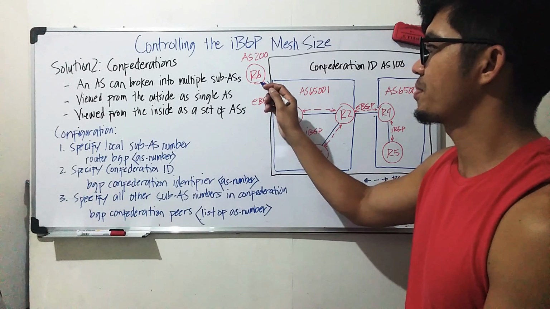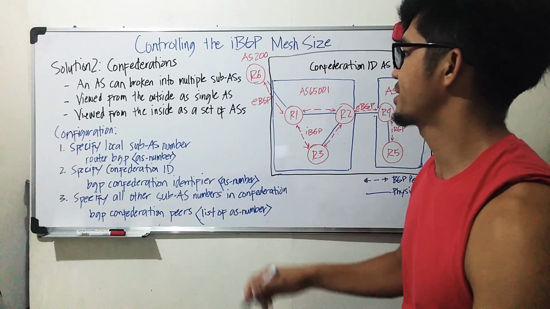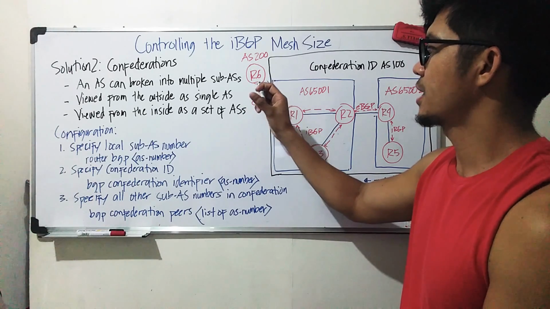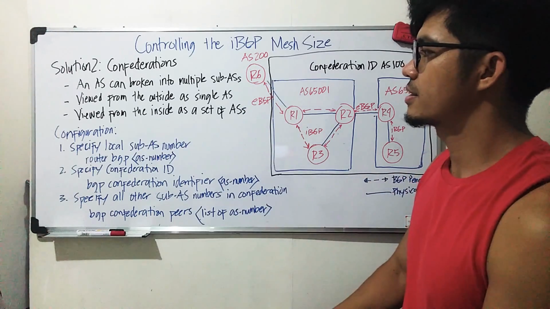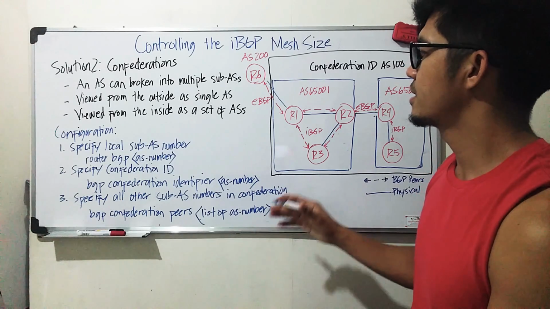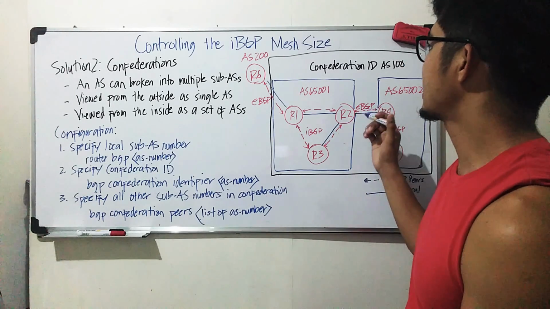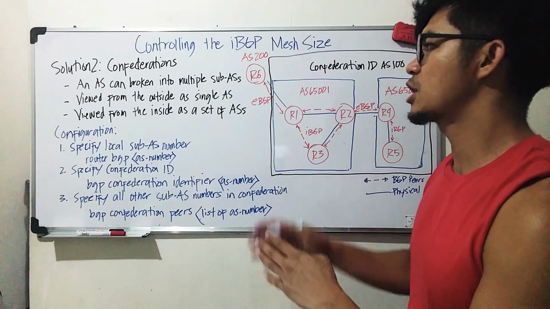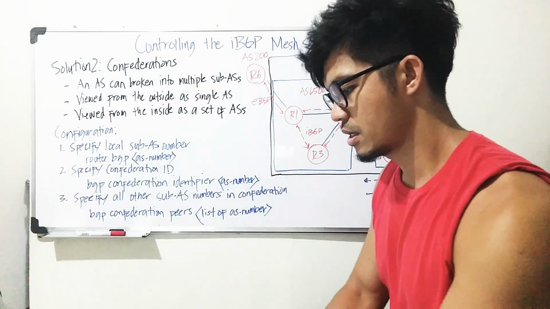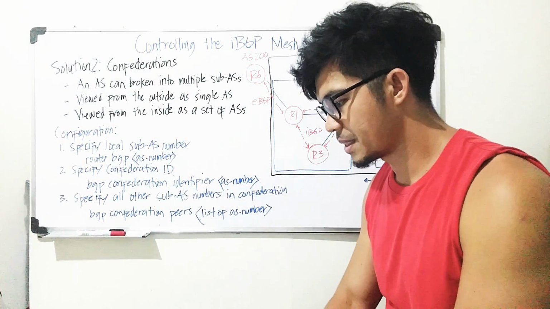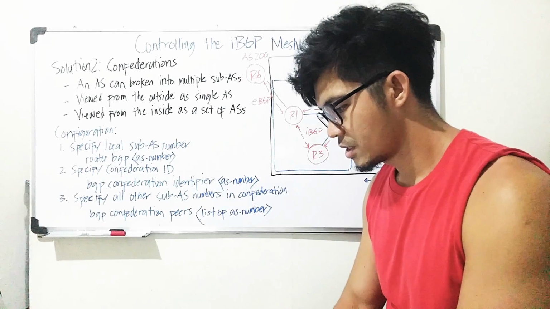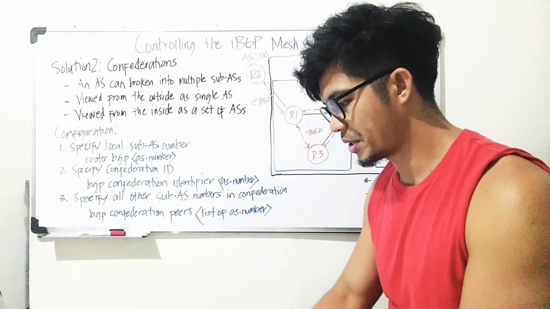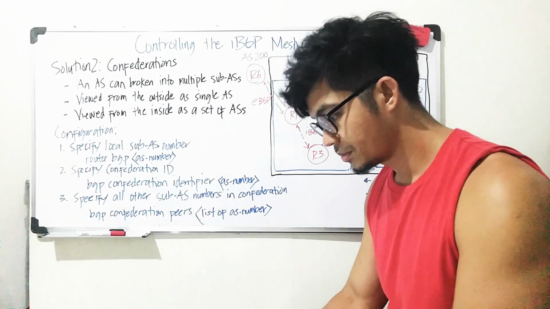From the outside perspective it is a single AS, but from the inside, it's actually a set of ASs. And the AS numbers that you use inside the confederation topology are actually private ASs.